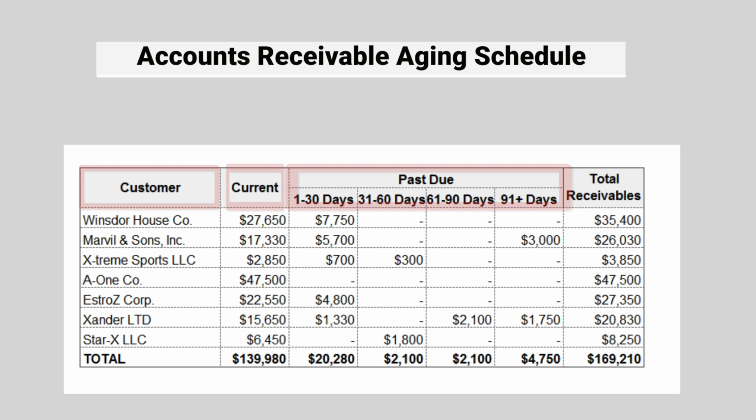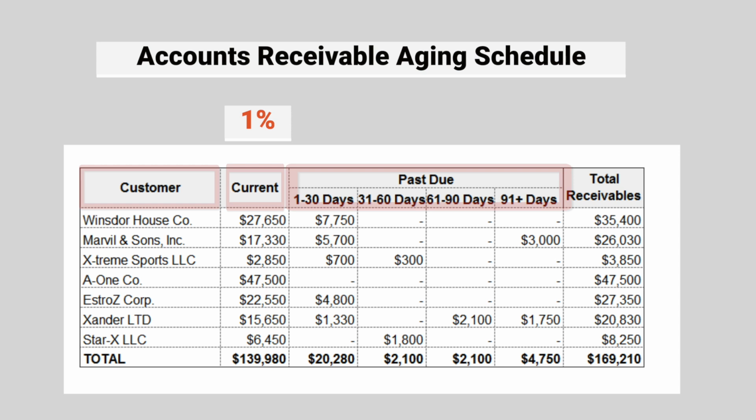And basically what the company should be doing is assigning a percentage of probability to each of these buckets based on its historical collectability. So basically, it should be looking at the current column and saying, okay, based on history, we haven't collected 1% of these amounts. And so basically, it should be assigning 1% probability of not collecting current AR. And then for each of the past due columns, the company should be assigning a percentage of likelihood of non-collectability.